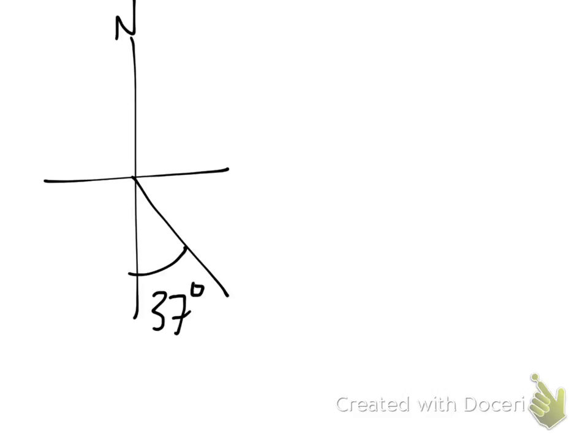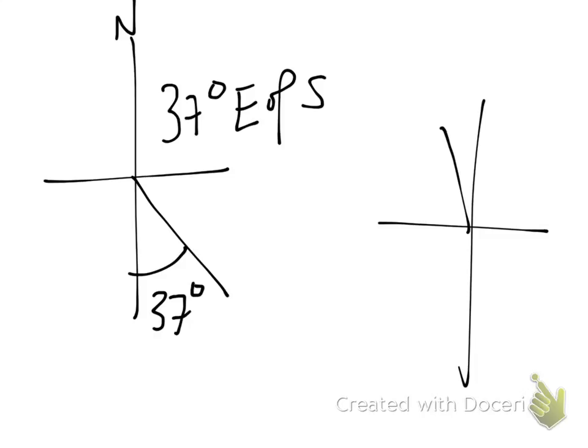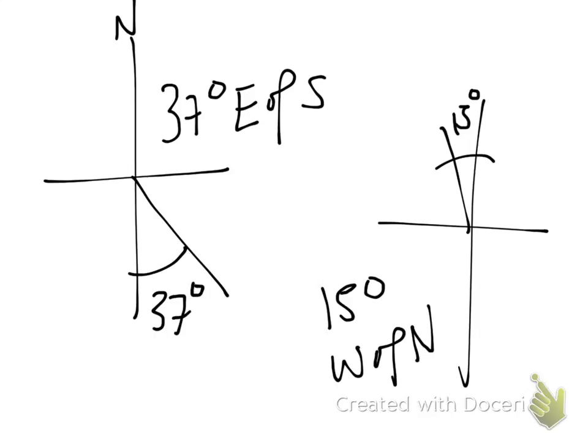Those are pretty easy. You can start horizontal. Okay, so then you have this drawing, and you need to tell me that that is 37 degrees east of south. And then you have that, which is 15 degrees west of north. And for all of them, of course, you can do the complement that adds to 90. You can do the complement with the opposite thing.